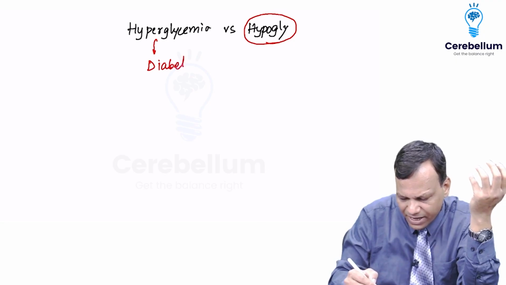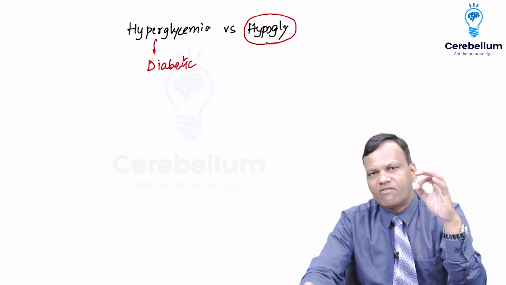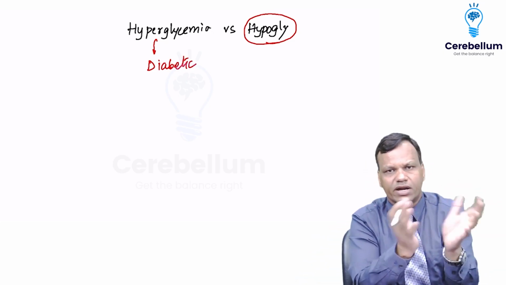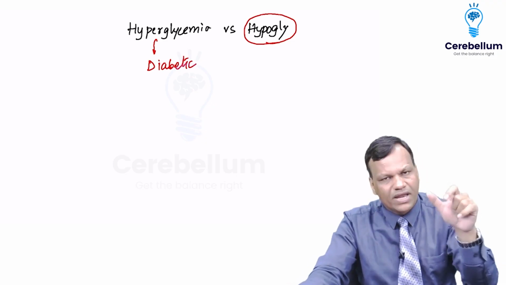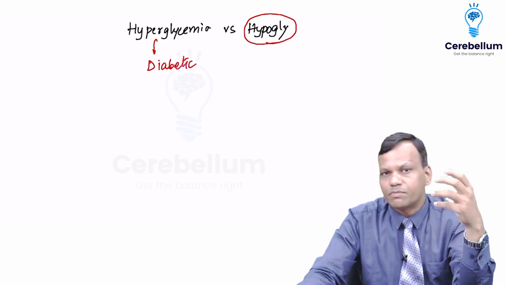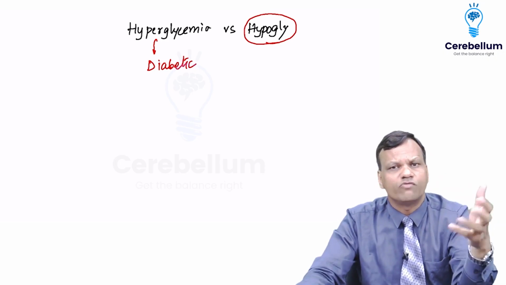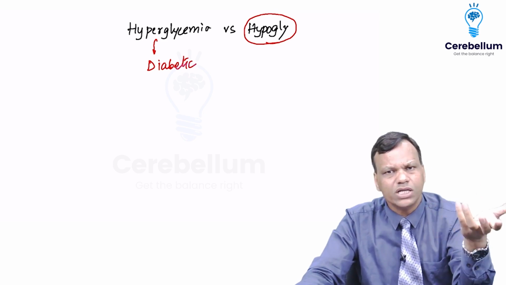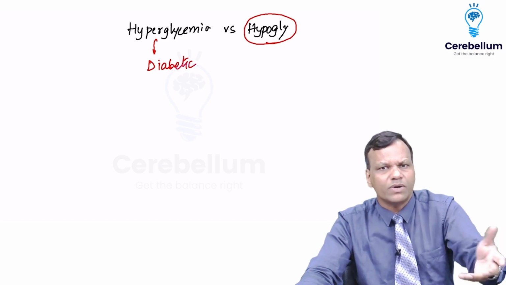And you must have seen many diabetic patients who have uncontrolled blood sugar. Normal blood sugar is 60 to 110 fasting sugar. Okay. Many patients who are diabetics, their blood sugar is high, maybe 200, 250, 300. And what happens to them? Usually nothing. They do not even know that blood sugar is 200.